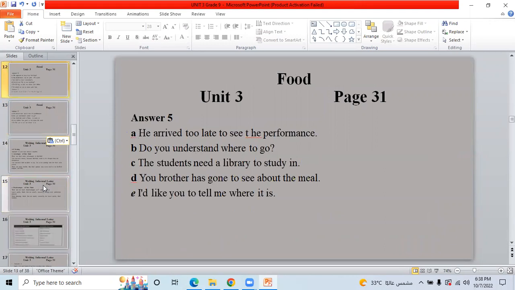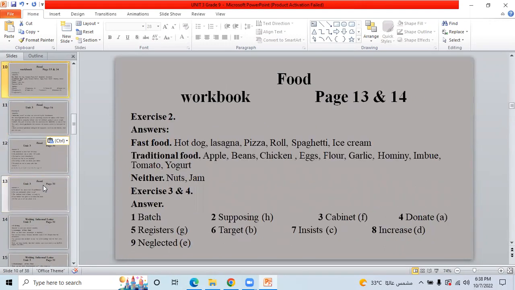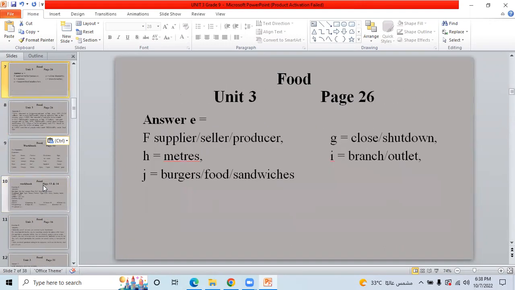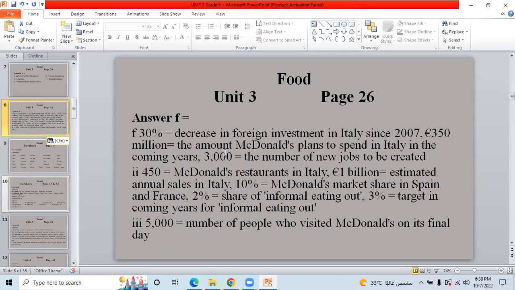So we are going to see the answer of this question here, right? 30%.